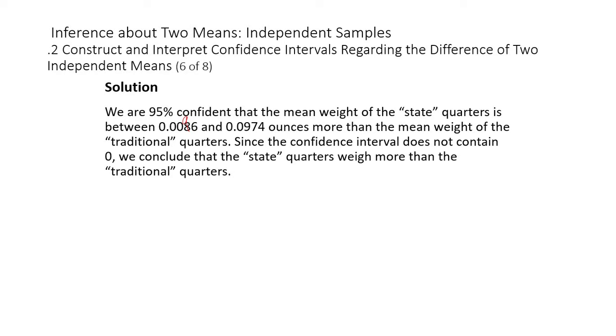Since the confidence interval does not contain 0, we conclude that the state quarters weigh more than the traditional quarters. If we have 0 in the interval, we're going to say we can't conclude that the state quarters weigh more than the traditional quarters because 0 is in there.